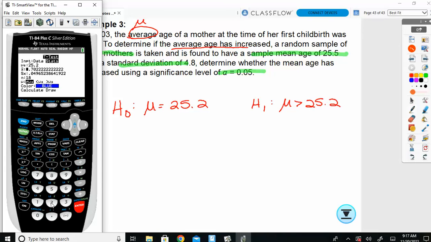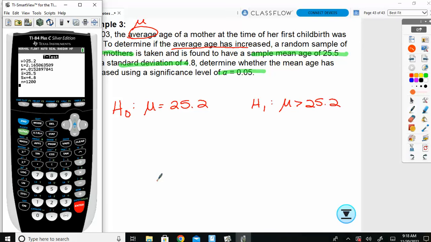X bar, that's the mean of my sample, which was 25.5. Standard deviation of X was 4.8. N was 1,200. We are testing greater than, and I want to calculate.